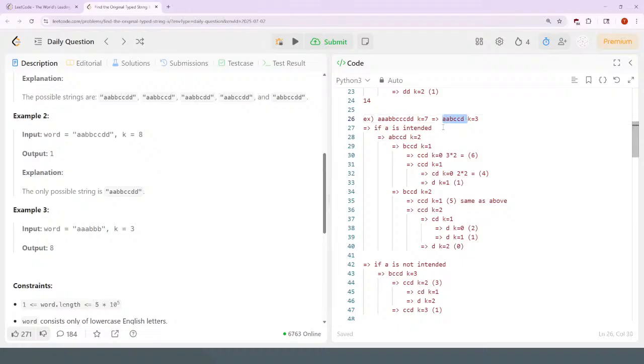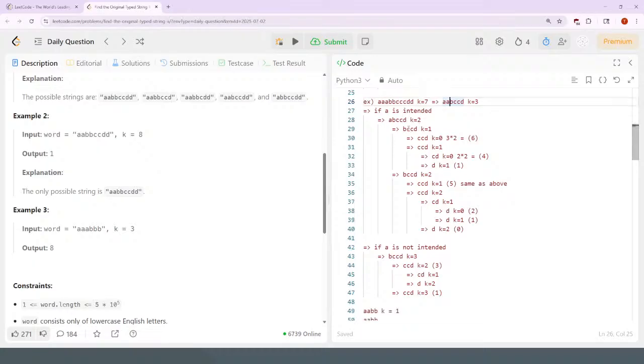After that initial reduction, for each letter that I'm at, I either treat that letter as intended, in which case I go on to the next index, decrement k by 1, or if it's unintended, then I skip over that streak completely and keep k the same.